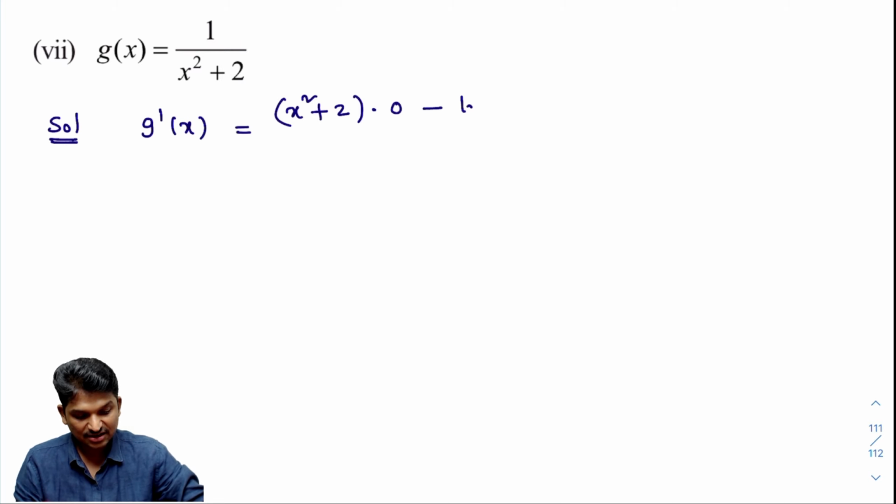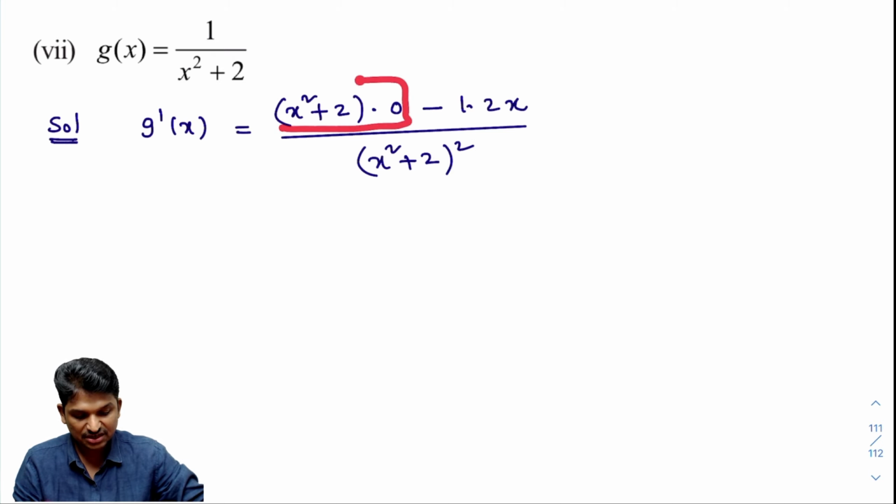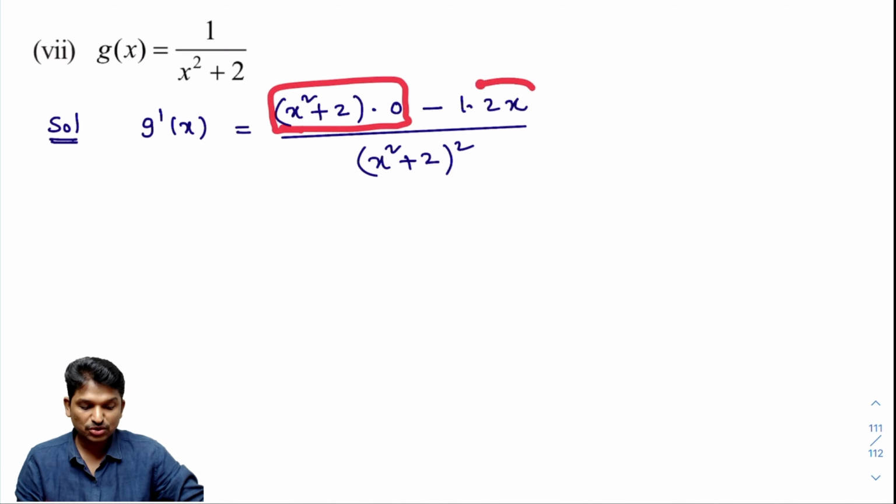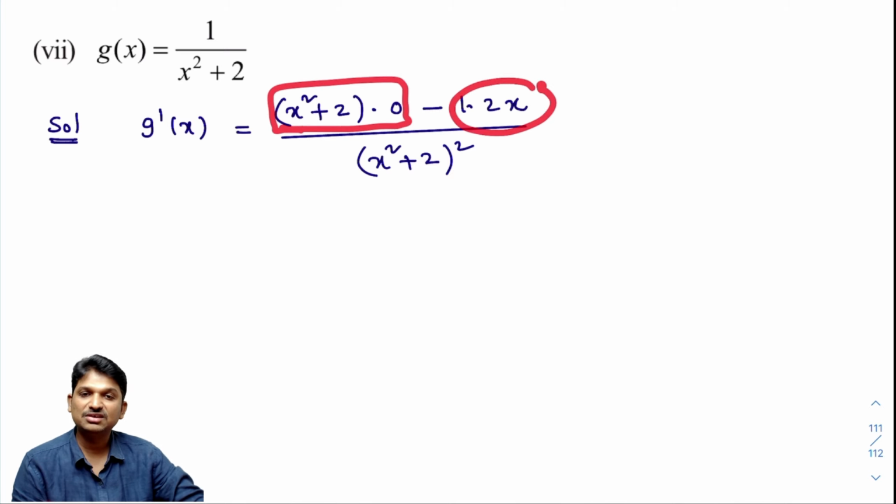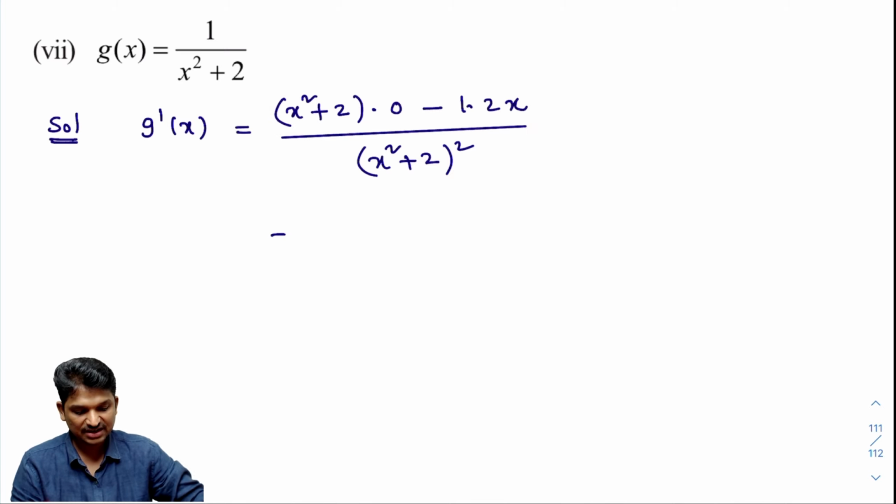So 1 into 2x divided by v square, and v square means x square plus 2 whole square. If you simplify this, this term becomes 0. 1 into 2x is 2x, and 0 minus 2x is minus 2x. So that equals minus 2x divided by x square plus 2 whole square.